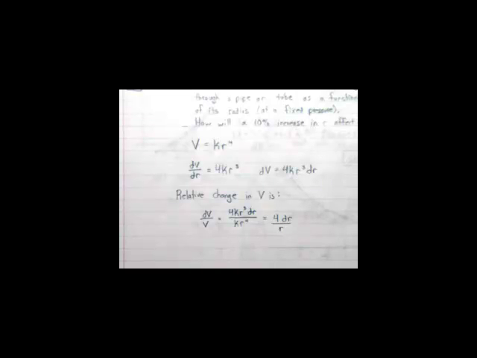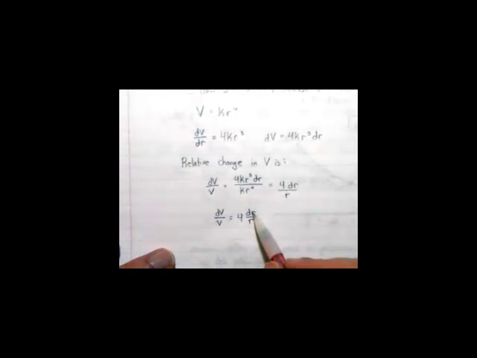Okay, so here's what we can pull from this then. dV over V, that's what we just calculated, is equal to 4 dr over r. So we've got this relative change in V, and here's your relative change in r, the change in r versus how much r we had.